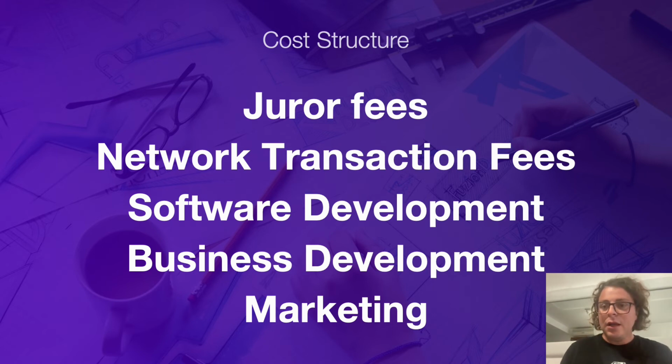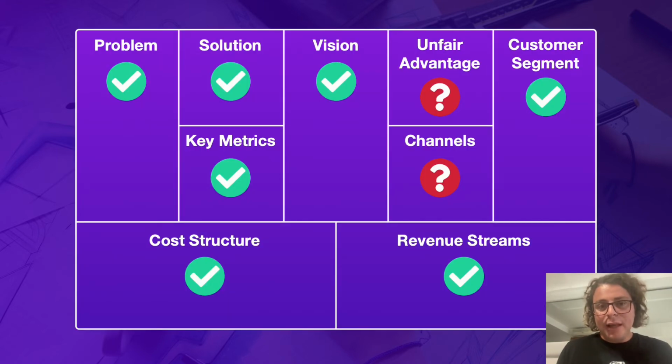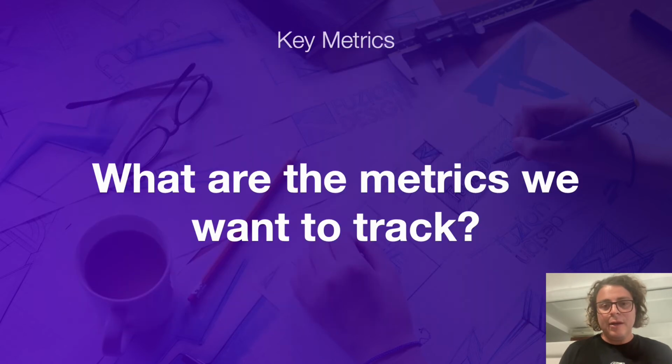And then we have to think, what are the key metrics that we want to track? So what are the metrics that we want to understand and to construct in order to follow how the protocol or the project is moving forward?